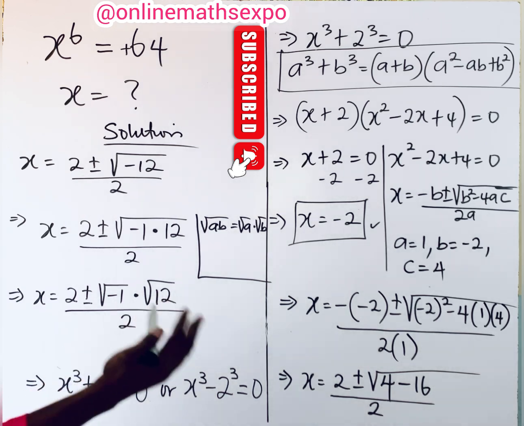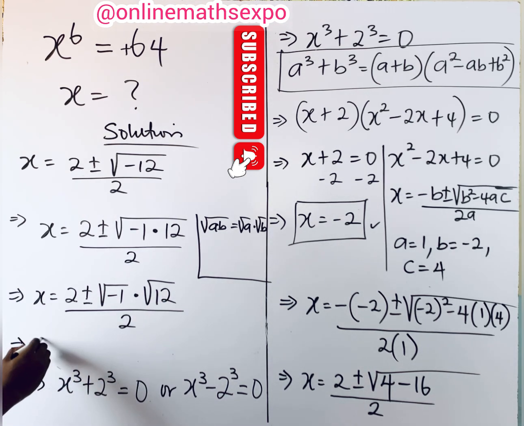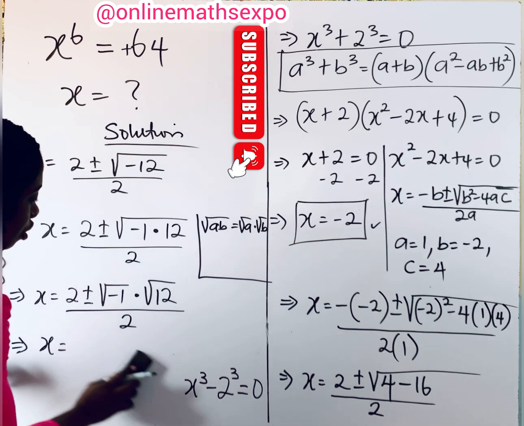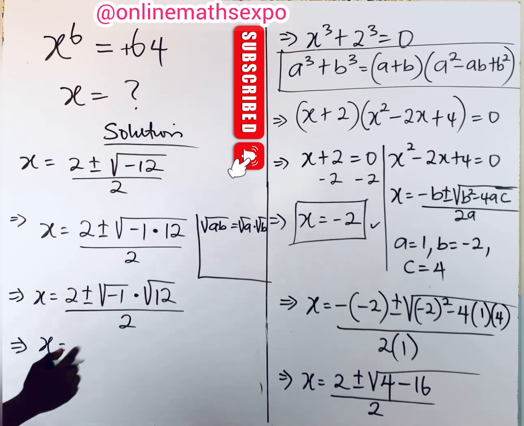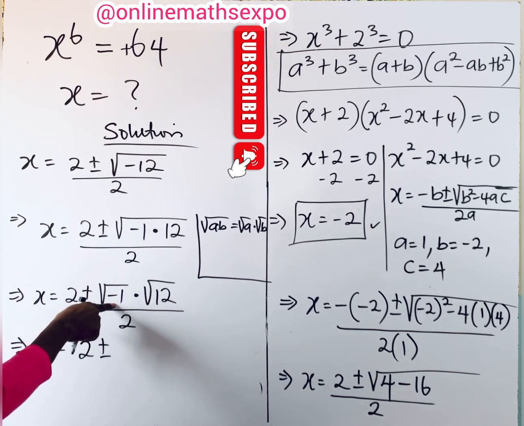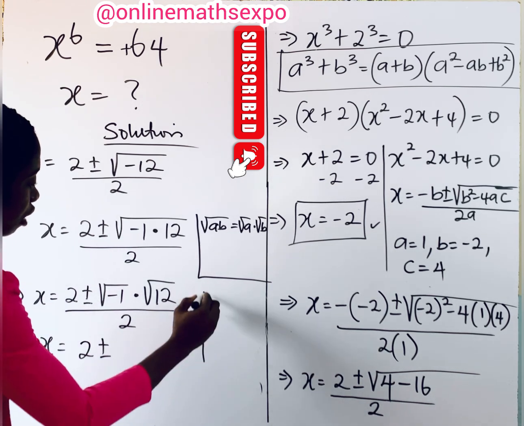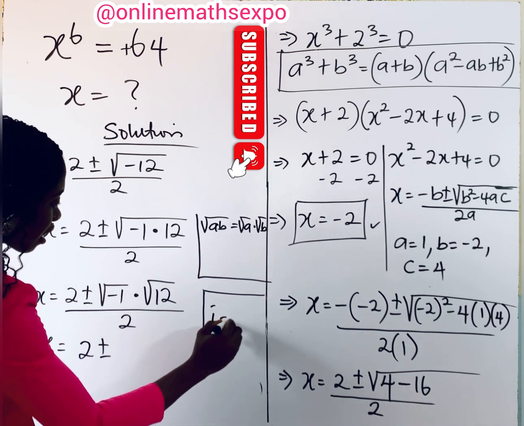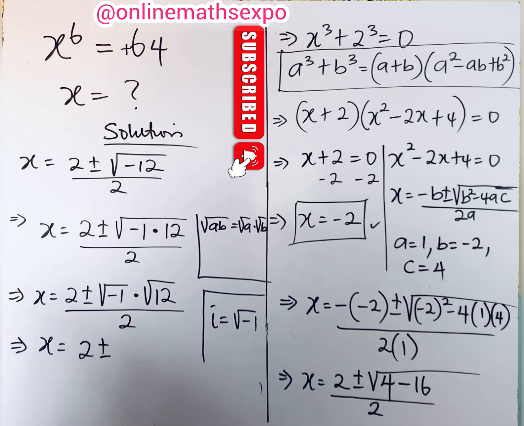Now what do you do again? We keep simplifying. To do it, you are going to have x is equal to 2 plus or minus. Now remember that each time you have square root of -1, we usually use an imaginary unit to represent it, and we have it that i is equal to square root of -1.